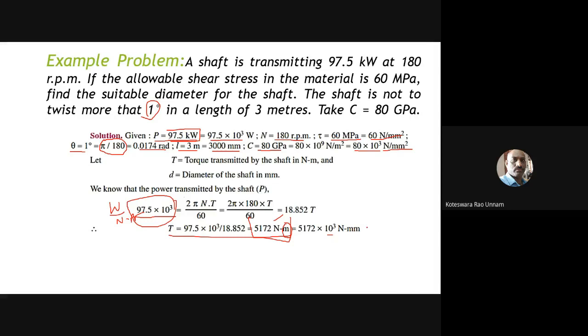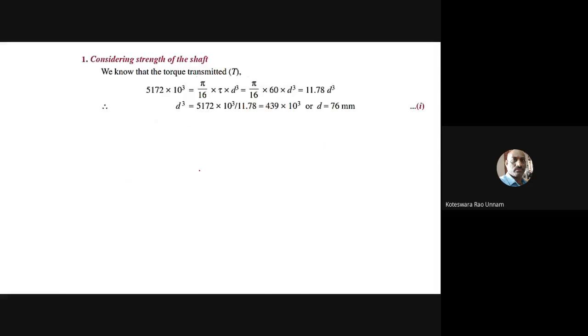So now I know the torque value. Then what I need to do is write the design equation to compute the diameter of the shaft based on the strength. So considering the strength of the shaft, that's why he mentioned here also. This is the torque which the shaft is transmitting, so you can write the equation something like this.